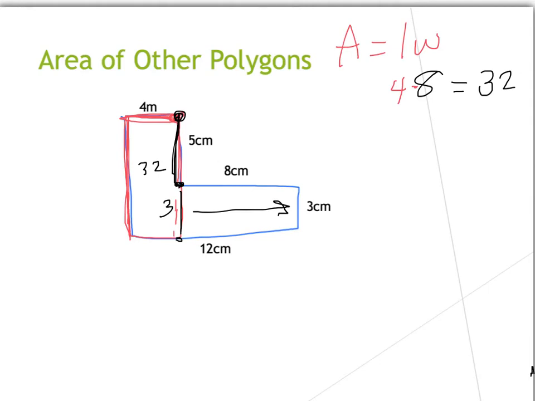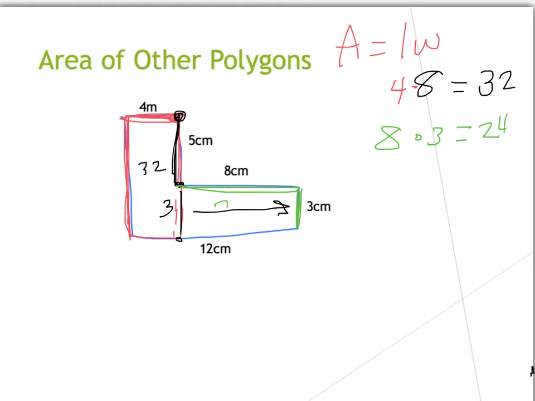Now I have to find the area of this other rectangle. Again, I'm going to draw my line straight across, and I know from this point to this point is 8 centimeters. I'm going to multiply it by the 3 right here, which is this whole line, and 8 times 3 is 24.